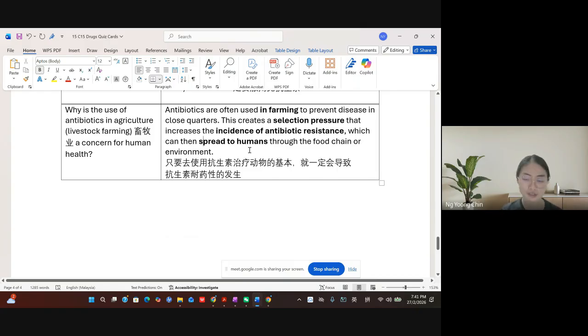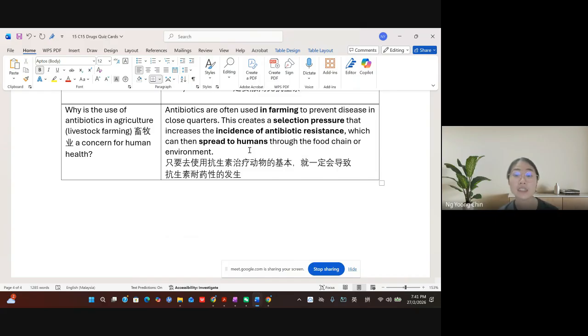If you eat meat products, they might contain antibiotic residue. So when you eat the meat, you eat the antibiotic residue also. Slowly, if more and more antibiotic residue enters your body, you don't realize it.